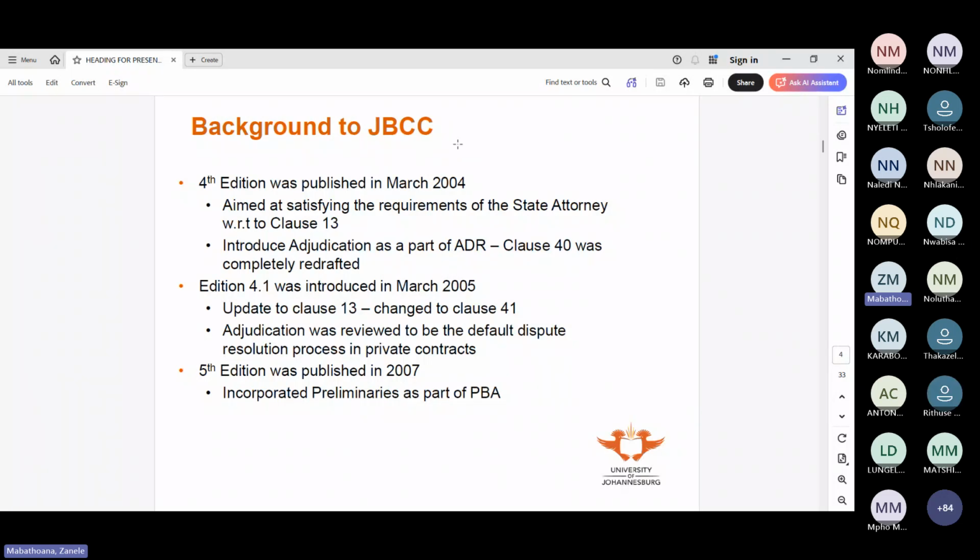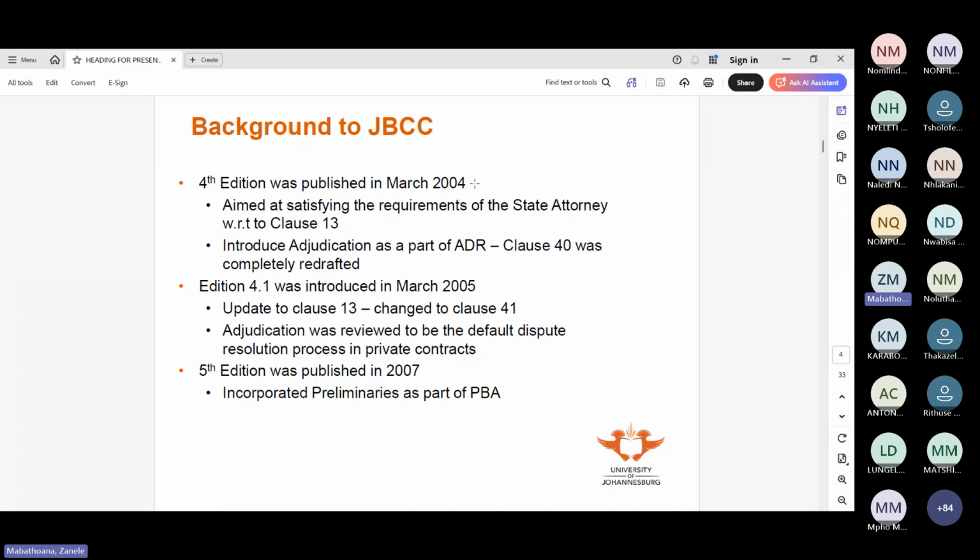Then in 2005, edition 4.1 was introduced. So what they do is, all the professionals are represented with the JBCC. The ASAQS will nominate one of their members to be on the JBCC board. Their job is to make sure that quantity surveyors are represented, and their interests. Remember when we were talking about these types of contracts and how they try to distribute risk equitably.